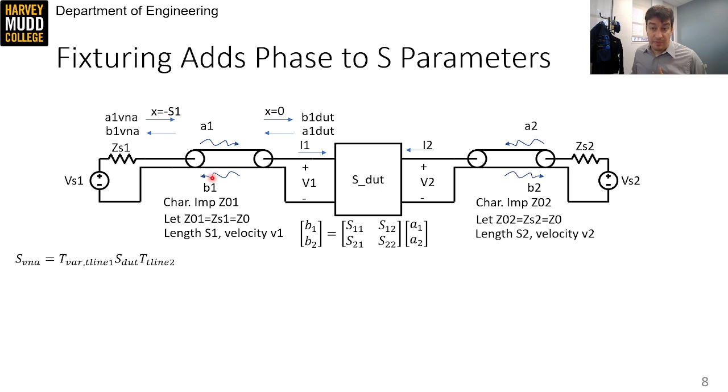And similarly, we can imagine moving signals at DUT port 2 right on the page to VNA port 2 by using the T parameters of this transmission line, and in this case the variant T parameters because we're moving in a rightward direction. And we write that equation by multiplying the T parameter matrix by the DUT in this equation.